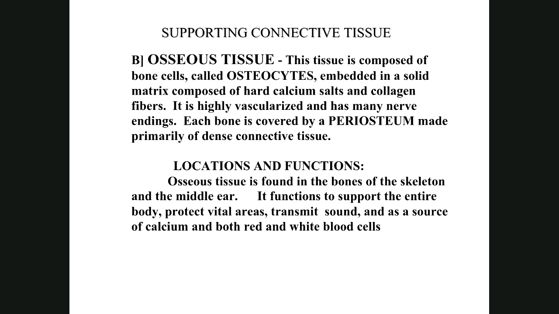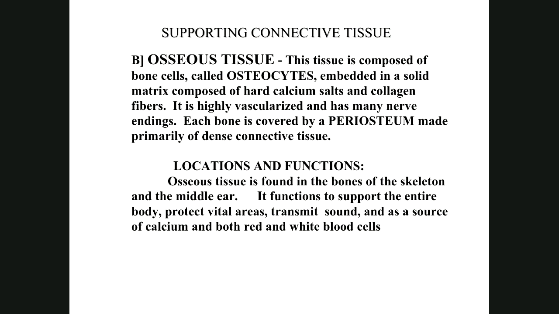They're alive. But in between the cells, the matrix, instead of being a sort of a rubbery protein, kind of like a pencil eraser, like it is with cartilage, it's a solid, almost like a rock. It's almost like limestone. It's made of calcium carbonate and calcium phosphate salts, and extremely hard. It's just basically a rock.